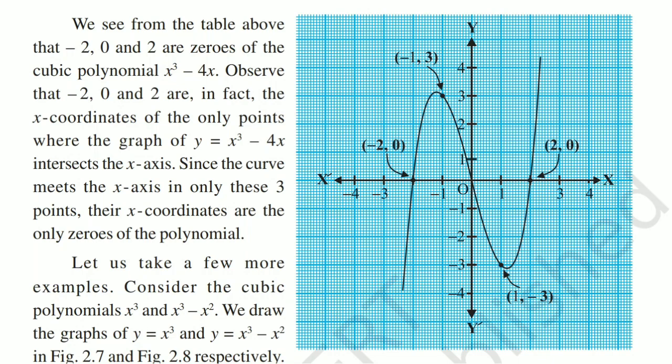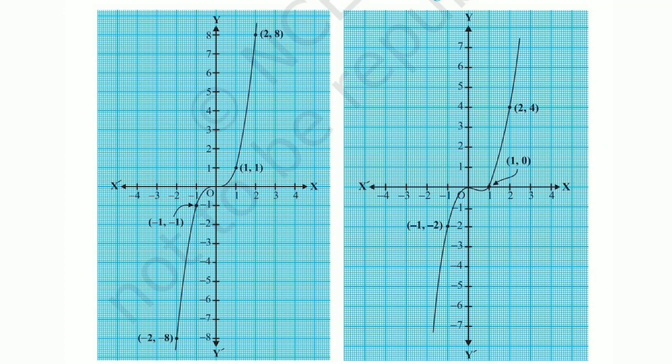Other cases have different pictures for different questions. The question given now is y is equal to x cube minus 4x. For that cubic polynomial we have given this graph. If you take another cubic polynomial, we get a different graph, not the same graph. Look at the pictures on the screen.